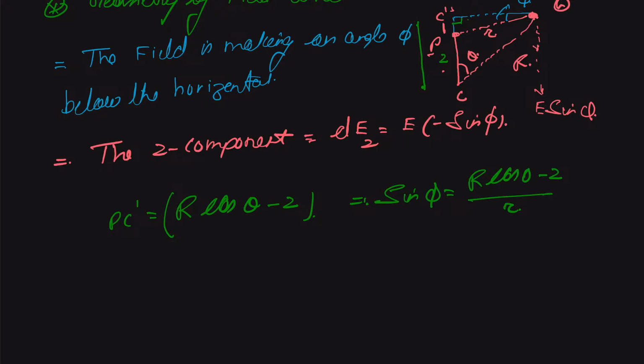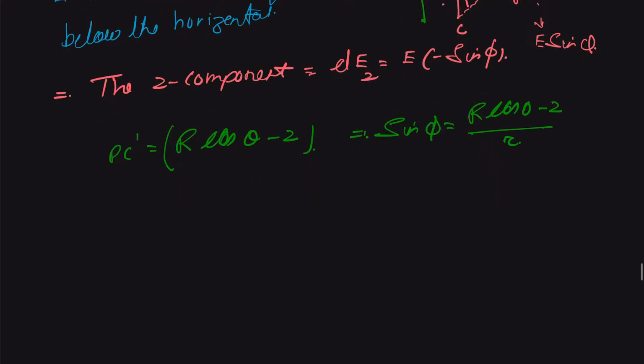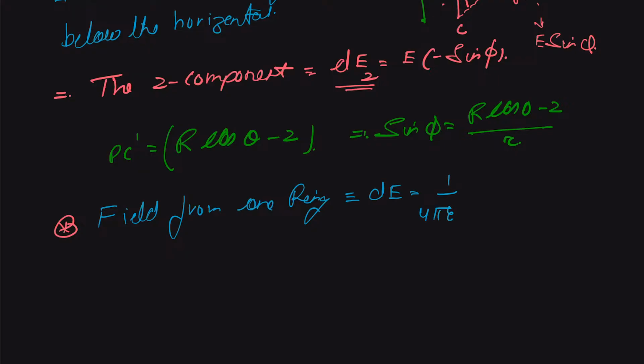And let's find out the field from one ring. This is a small element dE, and so we can say that the field from one ring, dE, will be equal to 1 upon 4 pi epsilon naught, charge is dq and distance is r, that is r square.